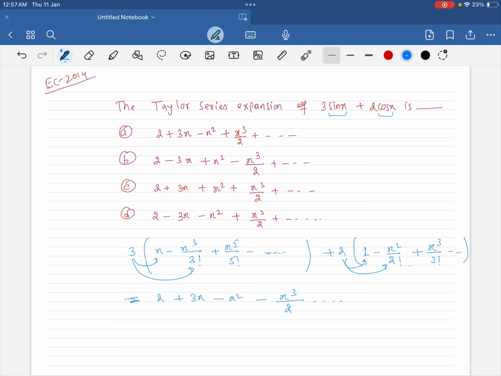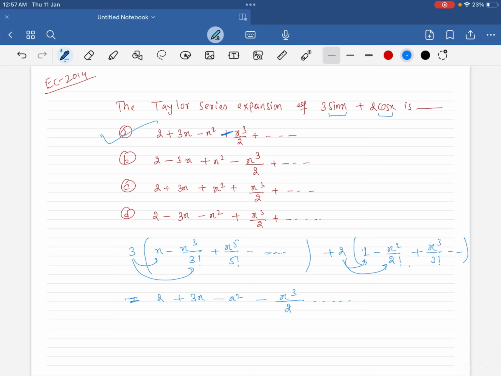So if you see which option is correct, in option 1, 2 plus 3x minus x, option 2, option 3, option 4. Okay, so I think option 1 is correct. Here it will be minus. So at this place it will be minus, right?